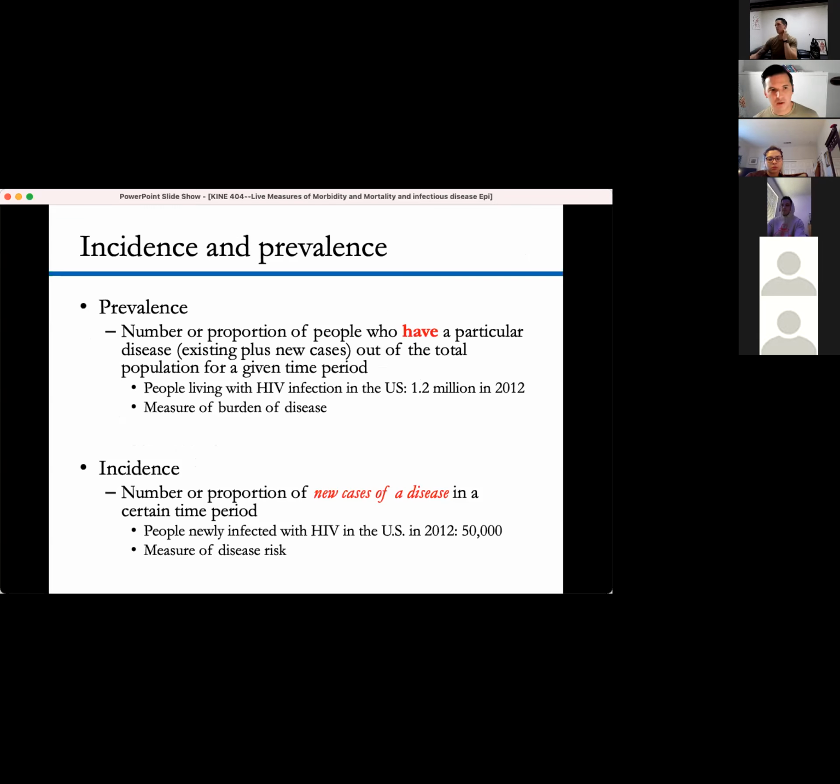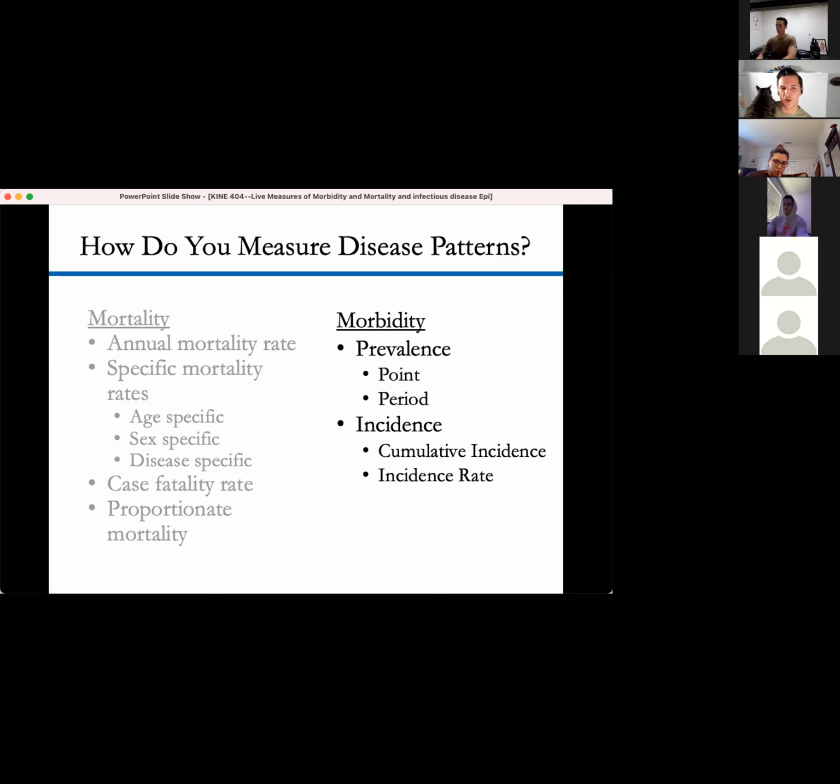Okay, so now we're going to talk about measures of morbidity. And so our measures of morbidity that we use most commonly in epidemiology are prevalence and incidence. And you all have probably heard the terms prevalence and incidence in your other classes. You've probably seen prevalence numbers given for COVID-19 and for other diseases. You've probably seen incidence discussed.